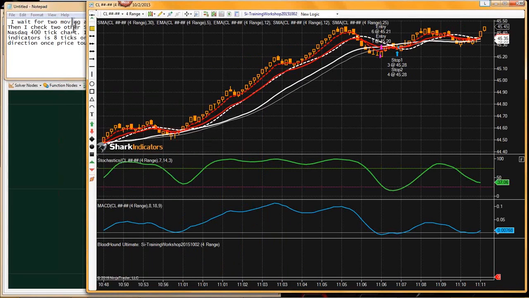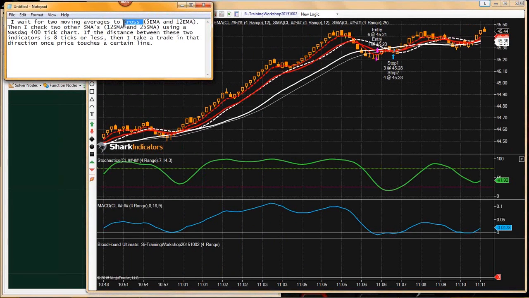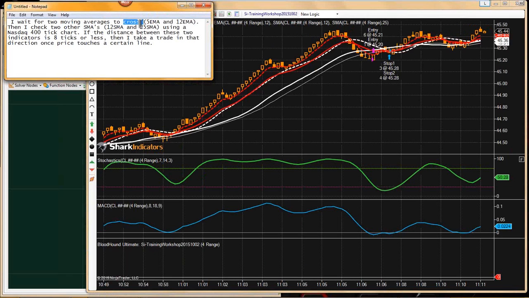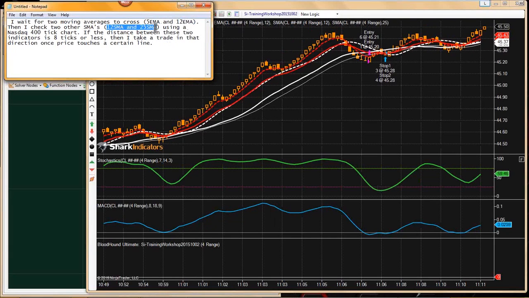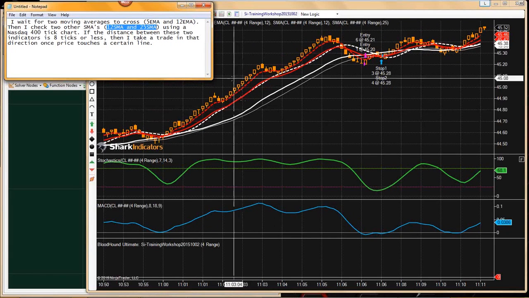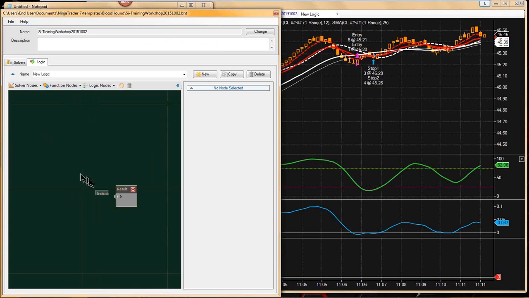But I think the real condition that David's looking for is that when the EMA 5 is above or below the EMA 12, then that's when he's looking for these two moving averages to be within a certain distance of each other. So instead of using the crossover condition, I'm actually going to use the comparison solver instead.